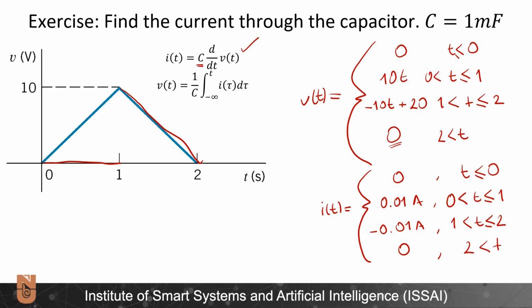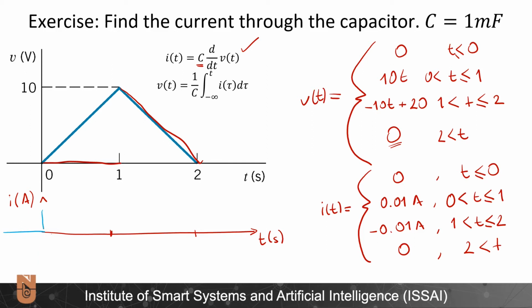Let's try to draw this together. I will create an axis, which will be the current I with the units of amperes. Then I will create another axis here, the x-axis, which will be the time with the units of seconds. The important times are 1 and 2. Before t is equal to 0, the current is 0.